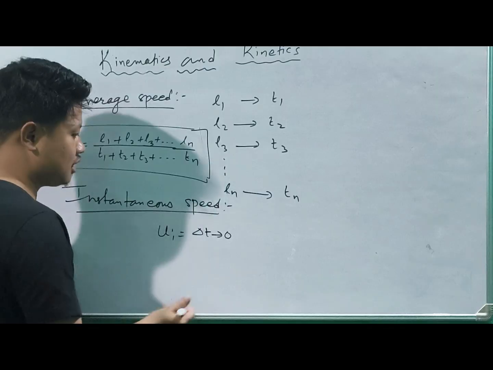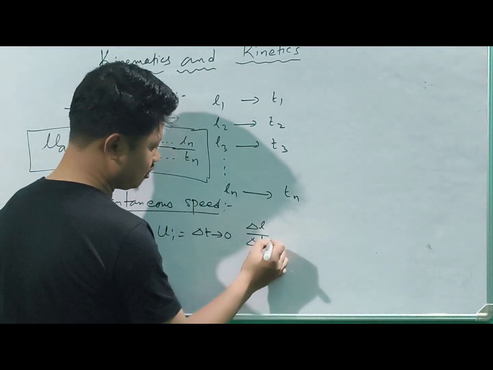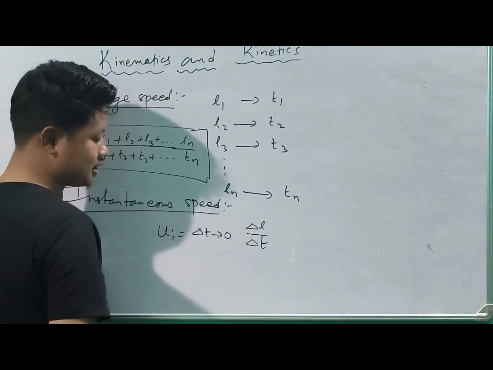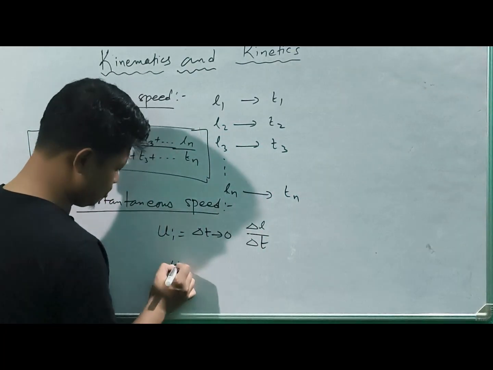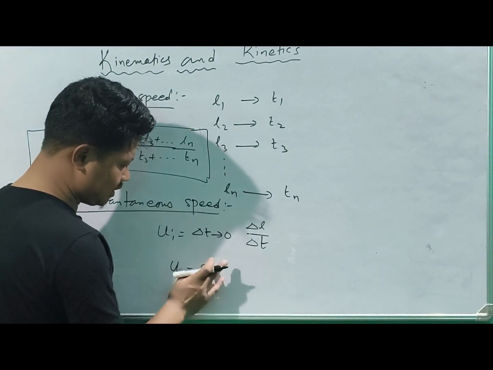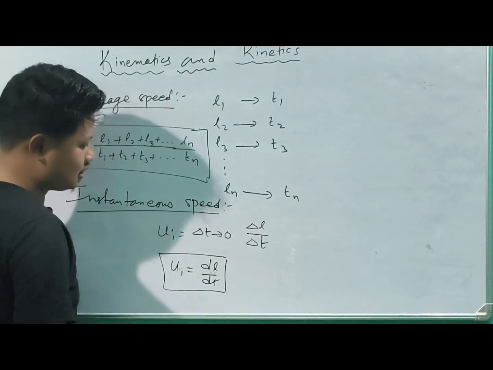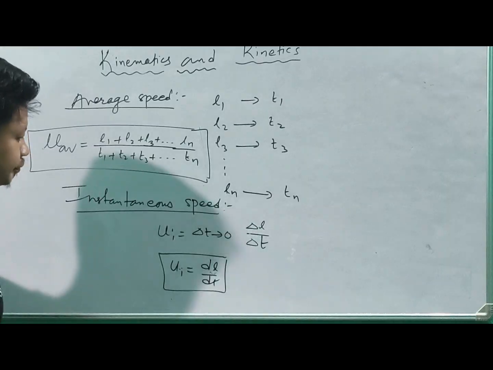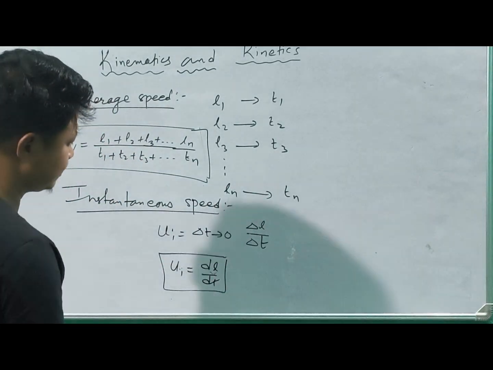So I can write del L by del T, change in length or change in distance over change in time. Del means change. So as a whole, instantaneous speed u_i is equal to dl by dt. That gives the idea of the instantaneous speed. Clear now the difference between average and instantaneous speed?